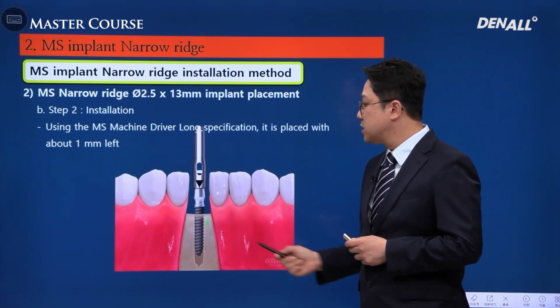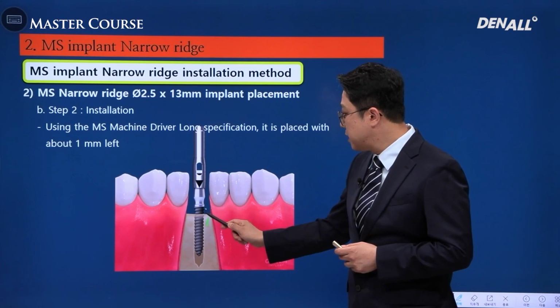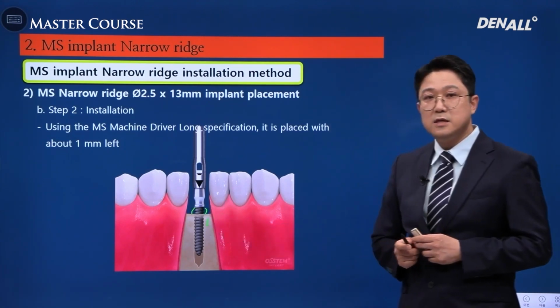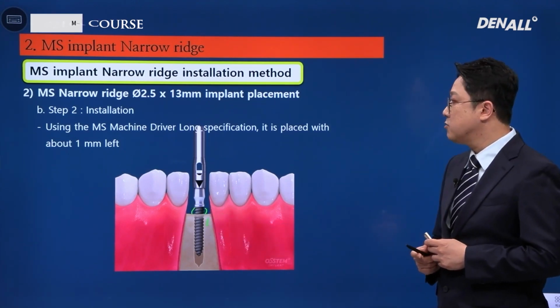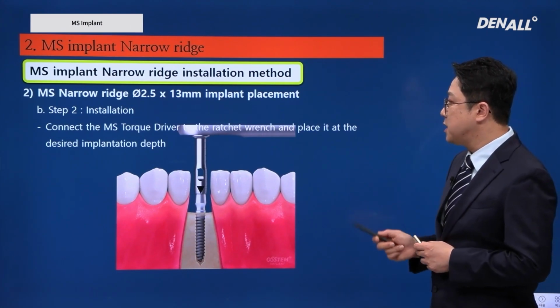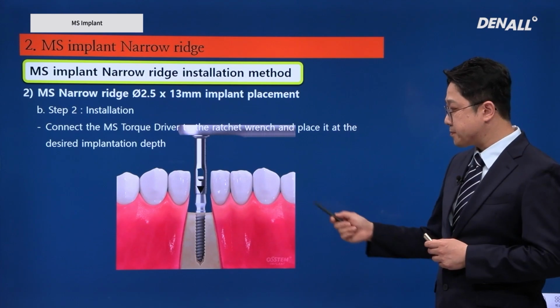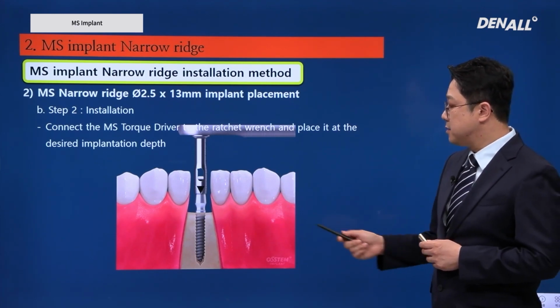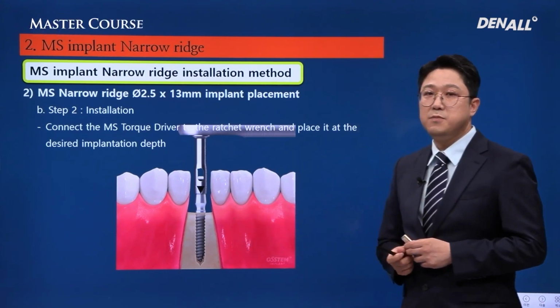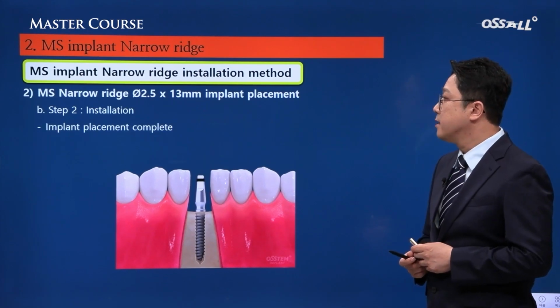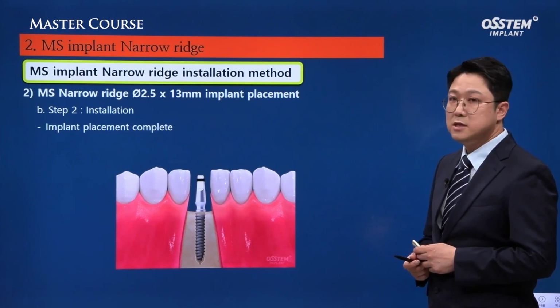You use it by about 80%. You leave about 1 or 2 millimeters. The final implant placement depth is adjusted using torque driver and ratchet. You need to accurately adjust the implant placement depths. And this is how implant placement is completed.